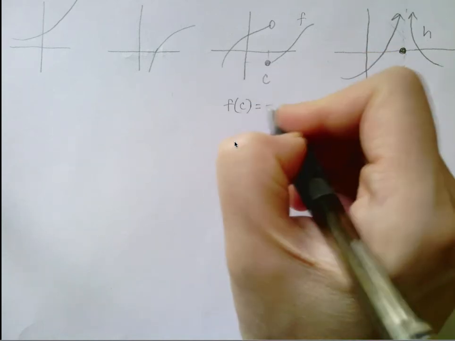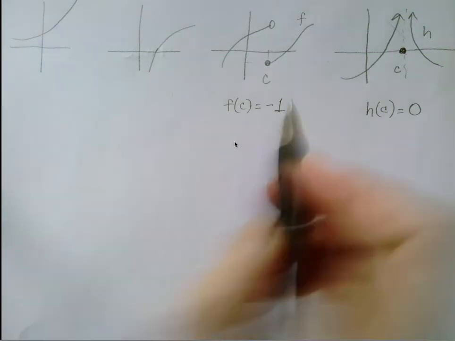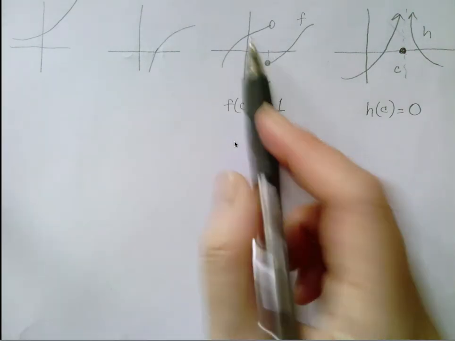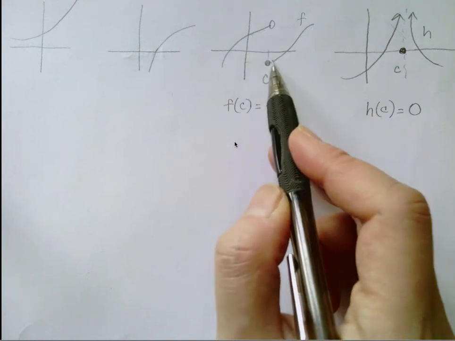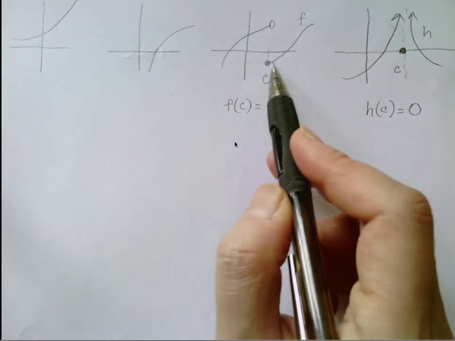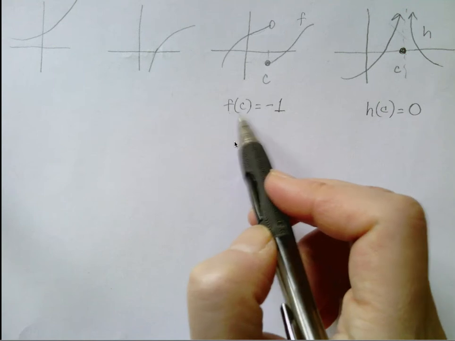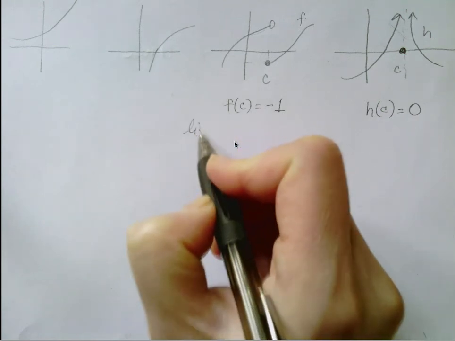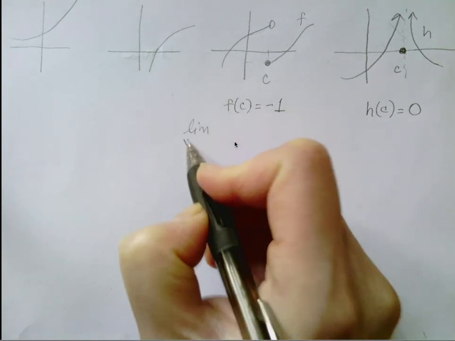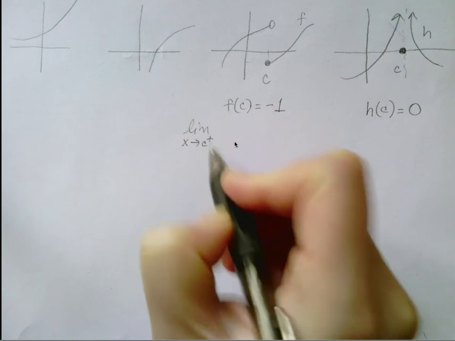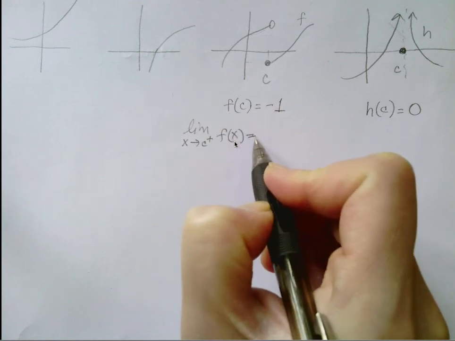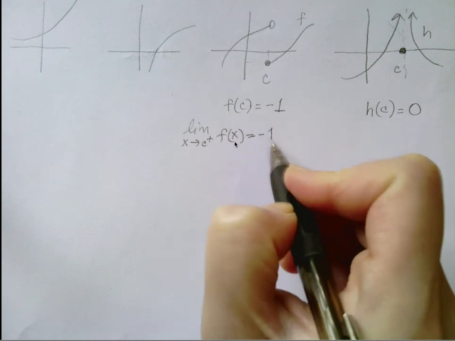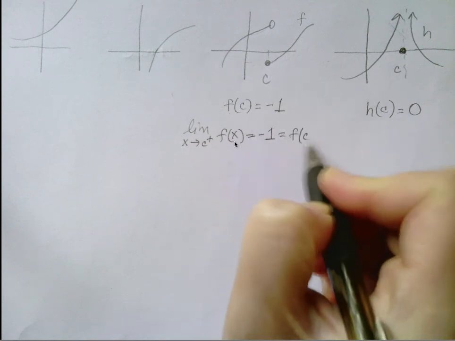equals -1. All right. We have in this situation that the left hand and the right hand limit exists, and that the right hand limit equals f of c. So we have that the limit as x approaches c from the right of f exists, and it equals -1, which equals f of c.